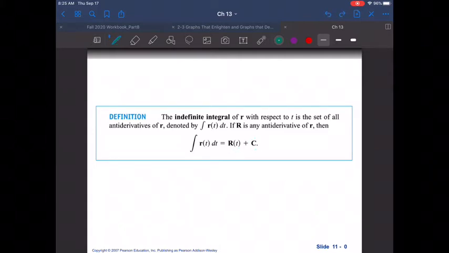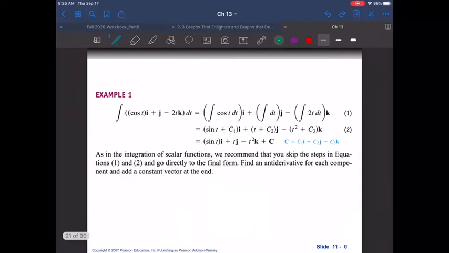So that's the basic idea: we can take an integral of a vector function, and it is just the antiderivative. Just like before, when we took the derivative of a vector function we took the derivatives of each component individually, we can do the same thing in reverse here.